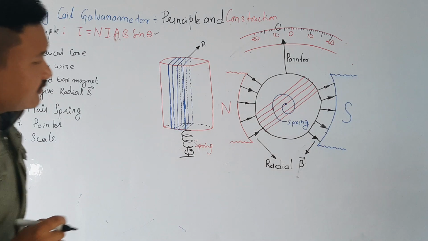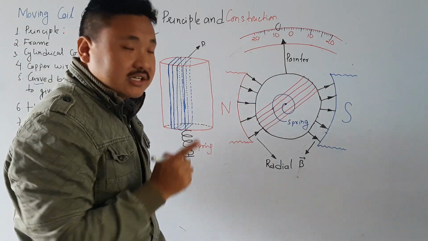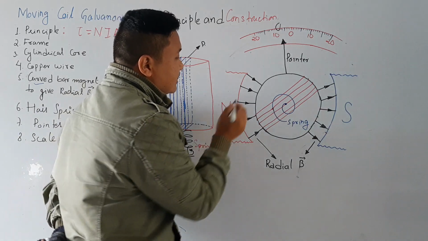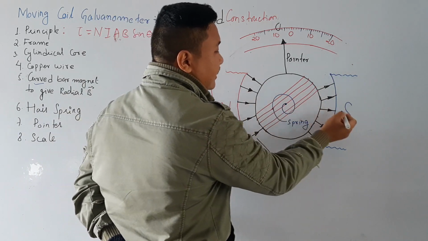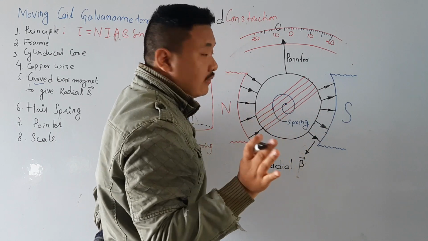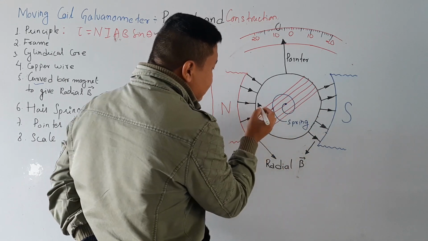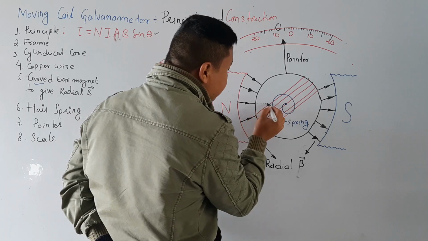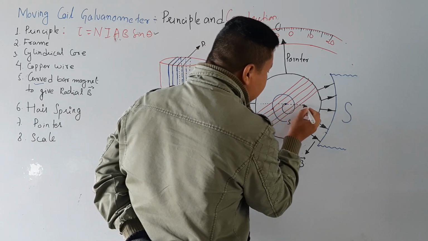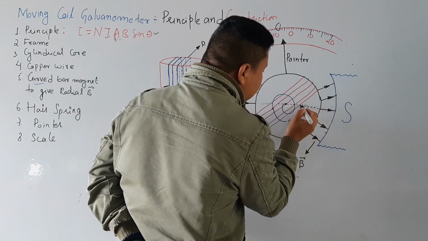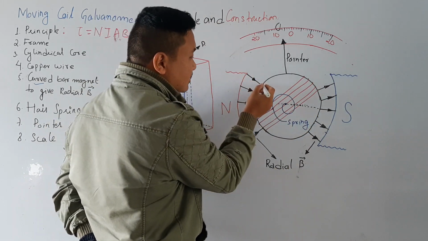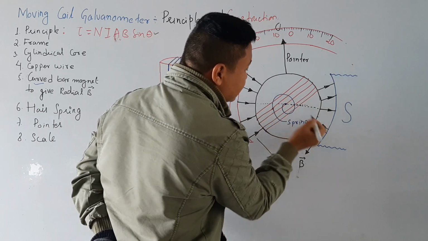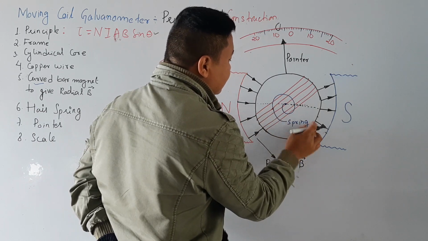Now, this is a very important concept. The magnetic field goes from the north pole and enters the south pole, that we know. But if you see here, the field goes like this and reaches here.